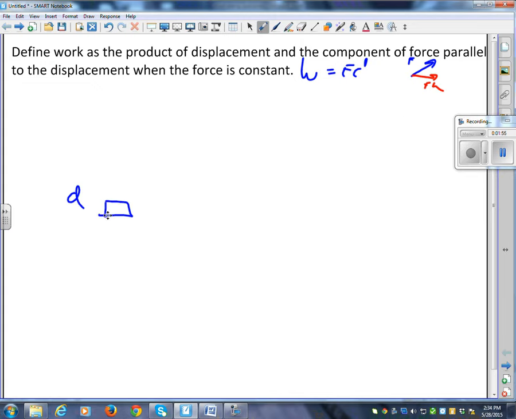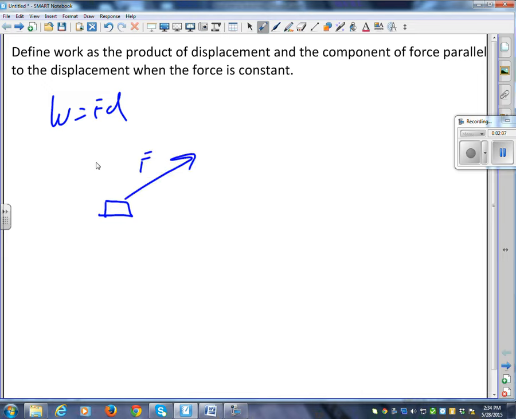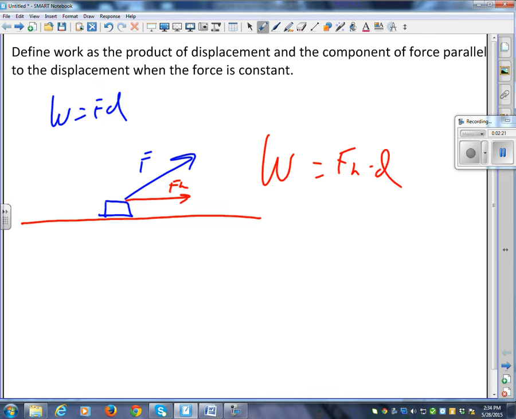Okay, all that I'm saying is, if you've got an object, we've got work is equal to FD. If the force is applied at some angle, and you've got this horizontal component here, and the object moves sideways, the work is the horizontal component of the force, FH, times the D. If the force is 100 and the horizontal component is 60, do I put 100 or 60 in for FH?